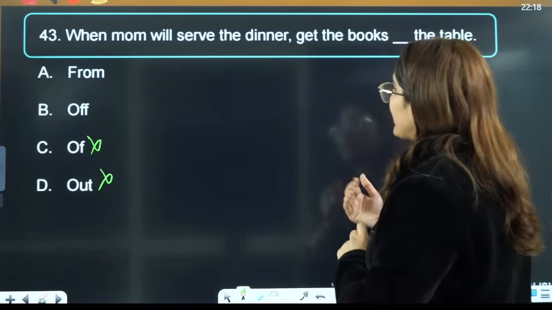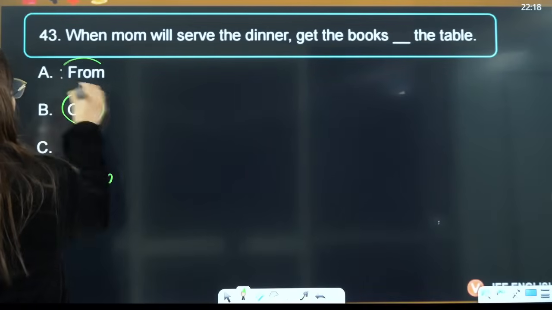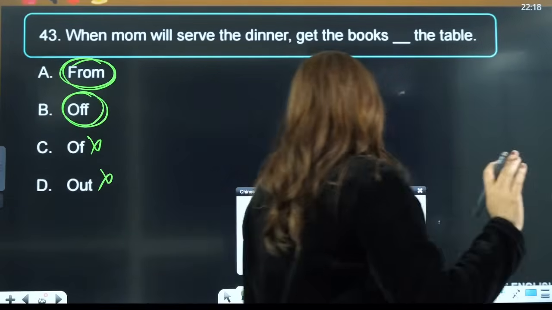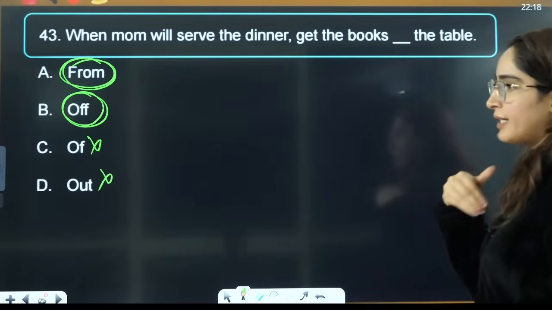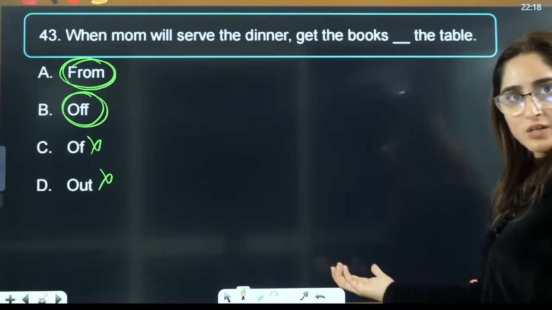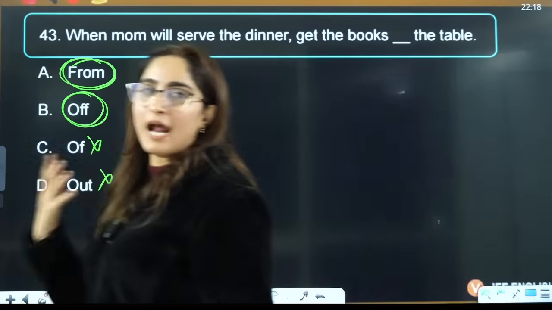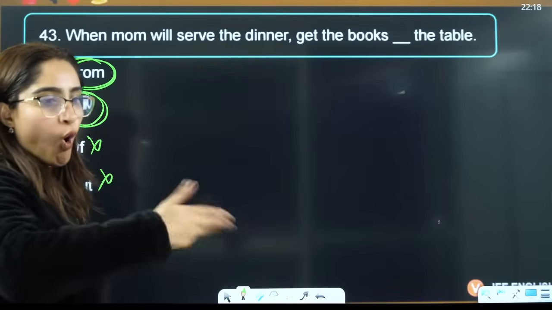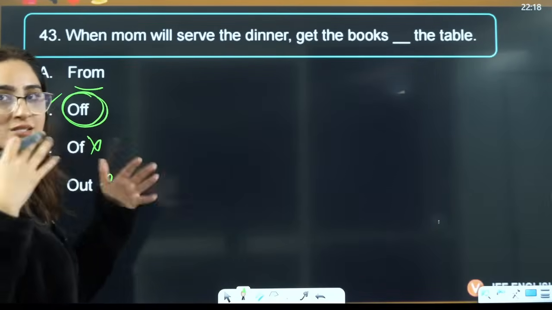Off the table, from the table, both can make sense here, right? But the reason we choose from the table is that you're taking those books and placing them somewhere else, picking them from that place. Off the table means you're cleaning something off it, like you throw the dust out of that, right?